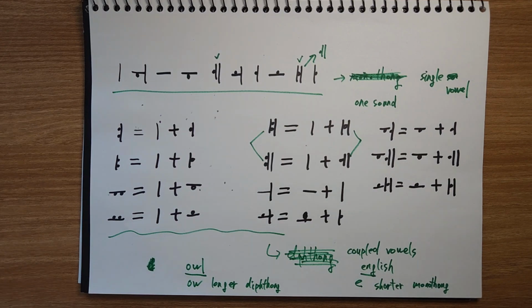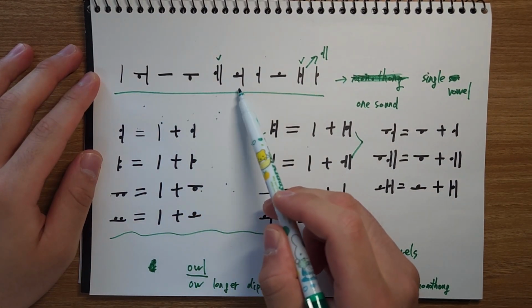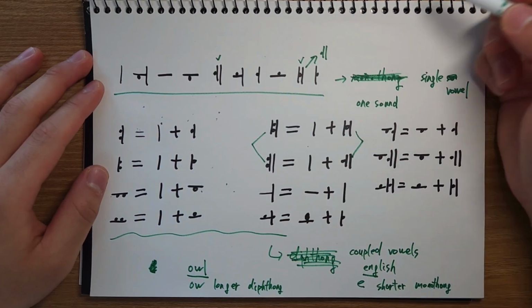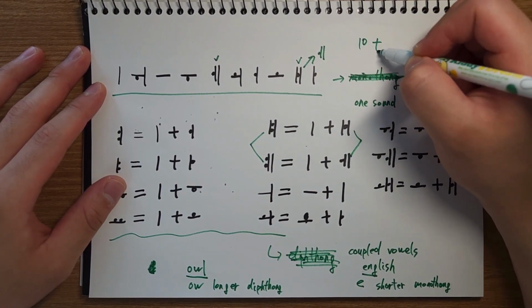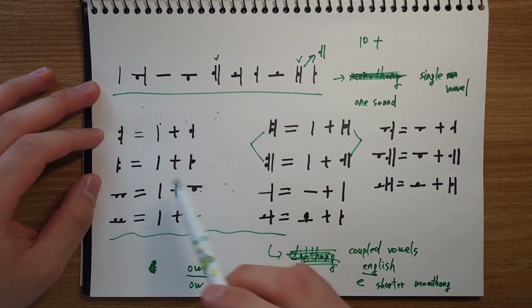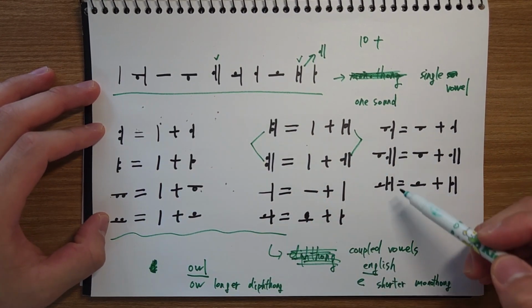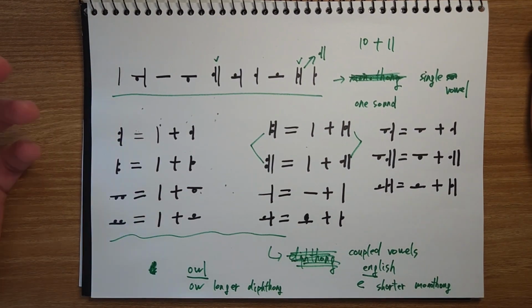So let me count. 1, 2, 3, 4, 5, 6, 7, 8, 9, 10. 10 single vowels, and there are 1, 2, 3, 4, 1, 2, 3. There are 11 coupled vowels.